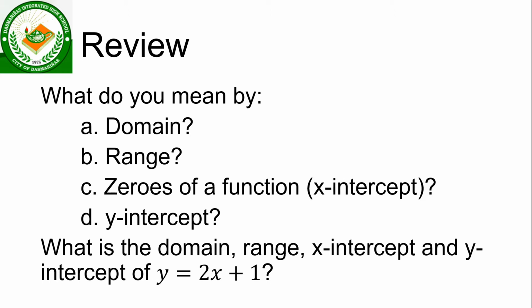Okay, x-intercept is the point on the x-axis where the graph intersects the x-axis. And the y-intercept is the point on the y-axis where the graph intersects the y-axis.